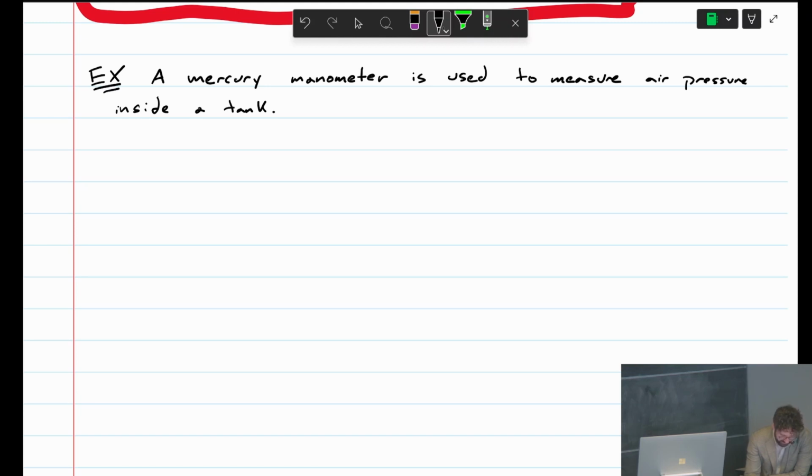I'll give you the measurements in the diagram. So the question is: what is the gauge pressure in the tank?